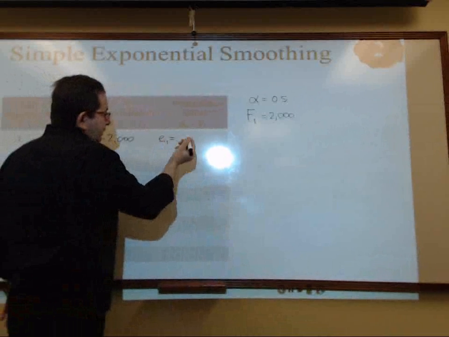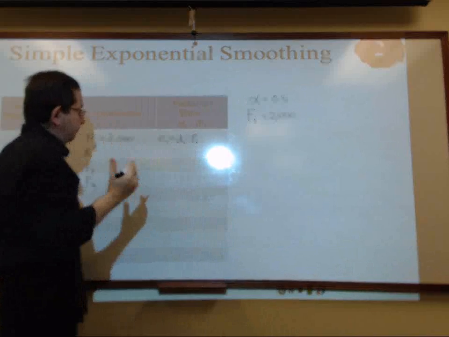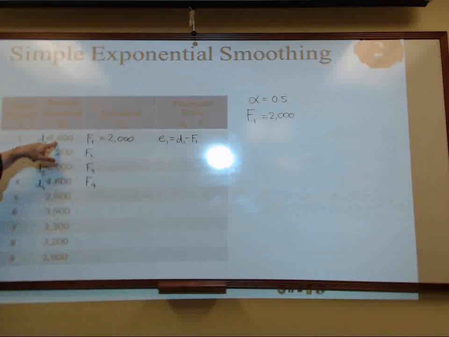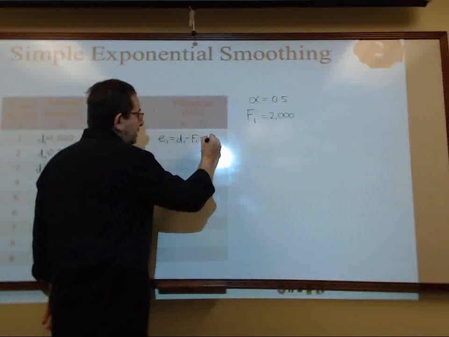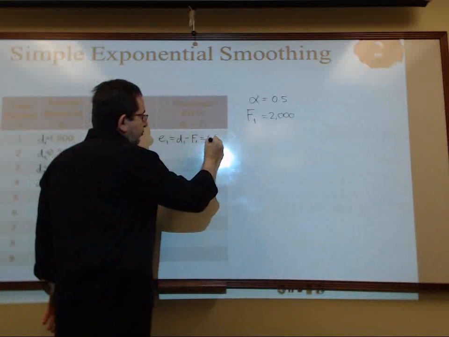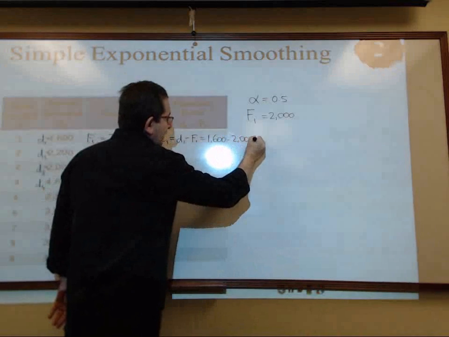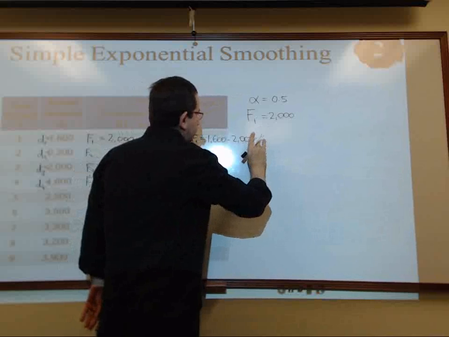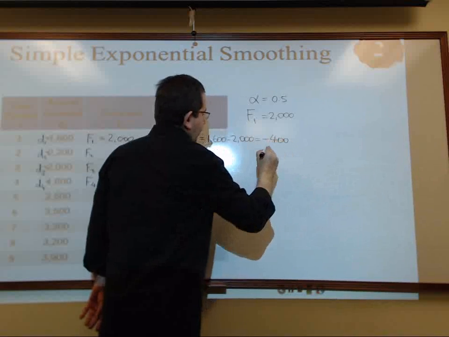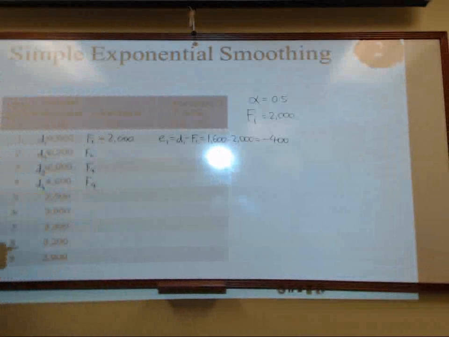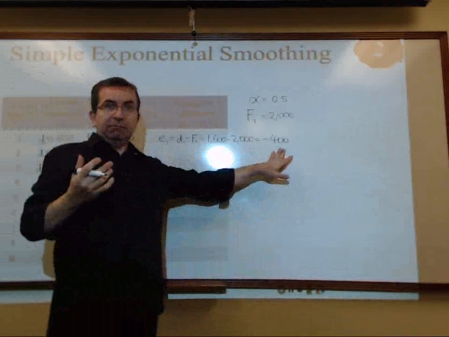This is very simple: D1 minus F1. So what I have here is 1,600 minus 2,000 equals minus 400. The error can be positive or negative.